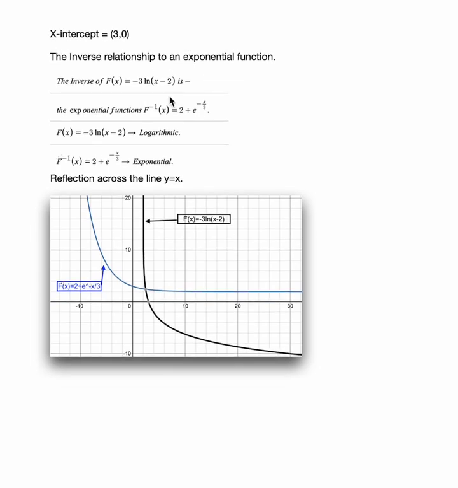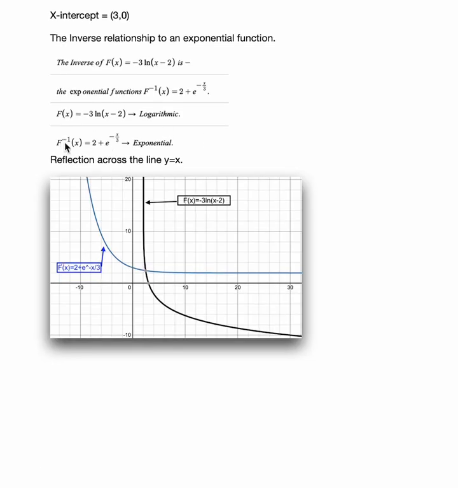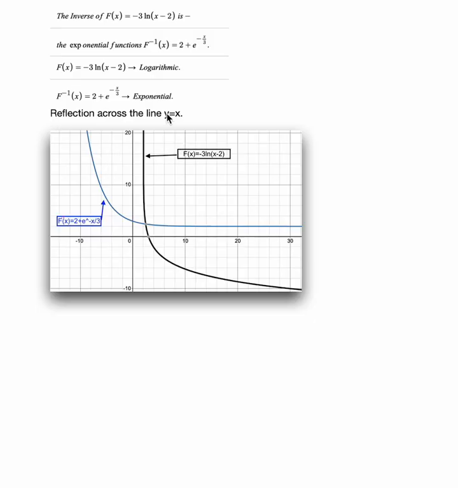We're just restating down below, f of x equals negative 3 ln of x minus 2 is the logarithmic, and f to the negative 1 of x equals 2 plus e to the negative x over 3 is the exponential, and then its reflection across the line y equals x, and you can see that in this graph below.